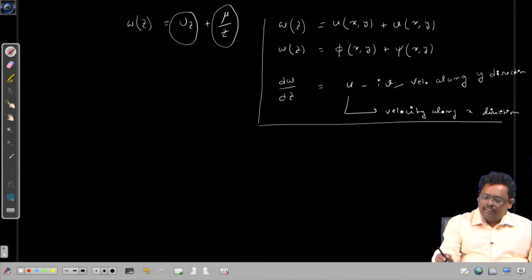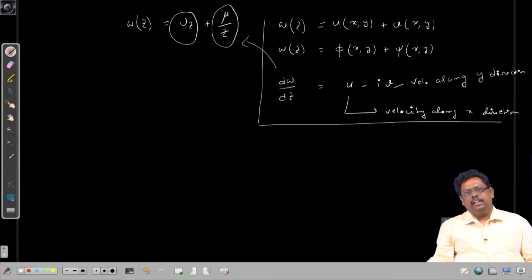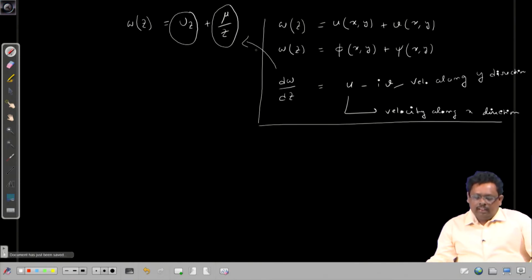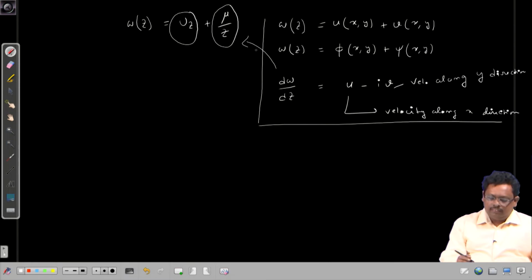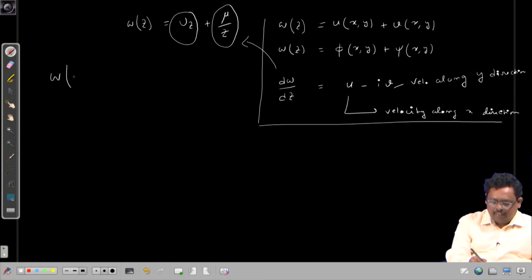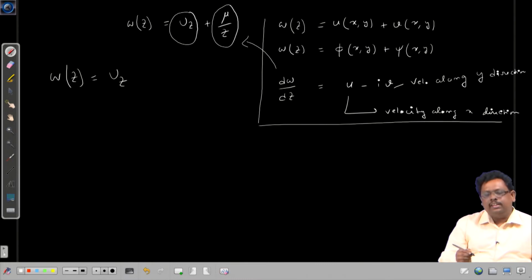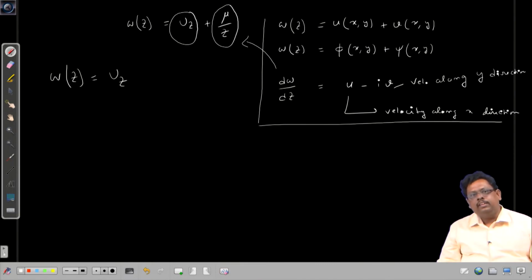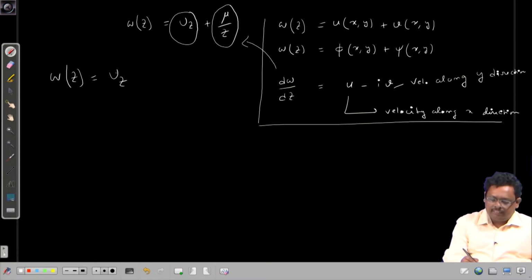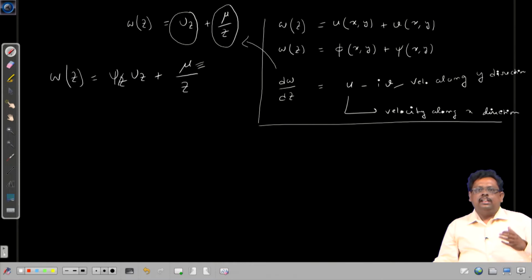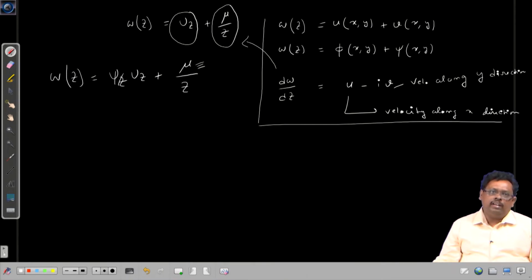Let us try to find out, using this concept, how I can find the flow past a cylinder. Okay. Now, W(z) equals Uz, which is the complex potential for uniform flow, it is not subscript z, it is U into z, plus some mu by z. Now, this mu is nothing but, let us say, the strength of the dipole or doublet.